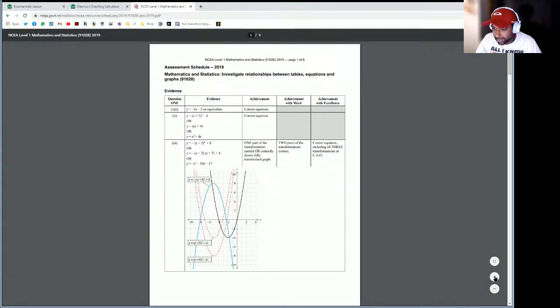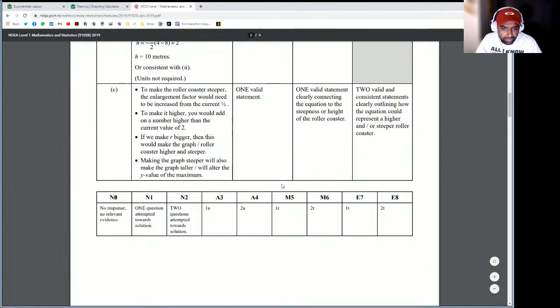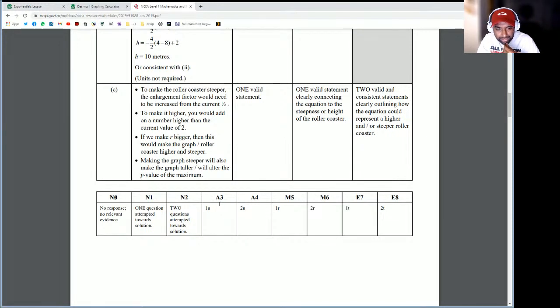So if you guys look at the paper, what they have basically said is, what do you get? If you get one achieved question correct, you actually end up getting 3 marks. I know I probably should have talked to you guys about how the grading works.